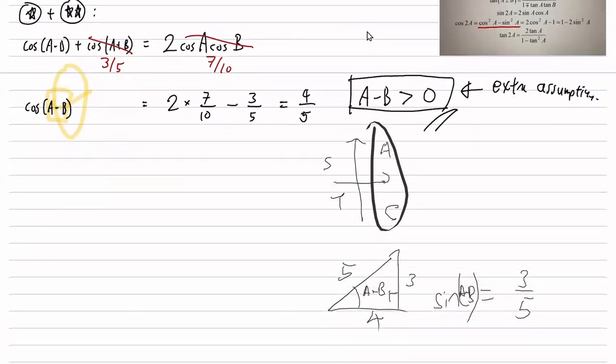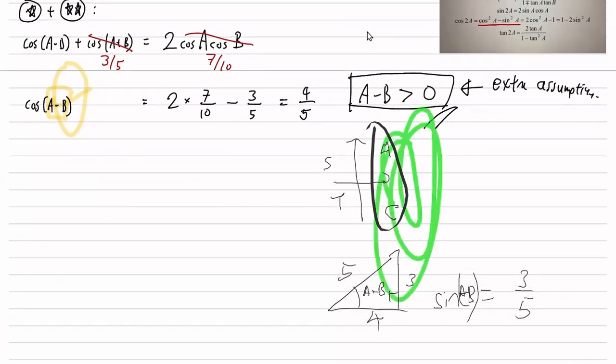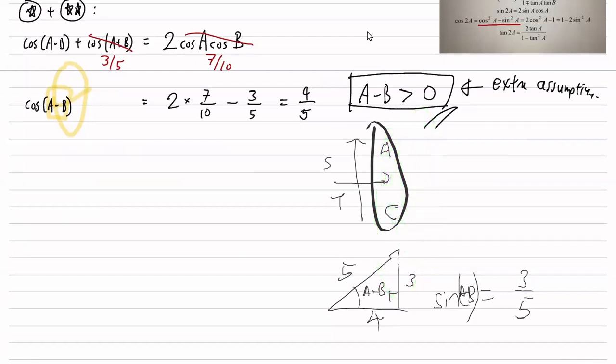So in combination, you know that it's in quadrant 1 or quadrant 4. But now we also know this extra condition, A minus B is more than 0. So it cannot be that we will have an angle in quadrant 4, because A being acute, B being acute, it cannot go into quadrant 4 anymore if you tack on this extra condition.